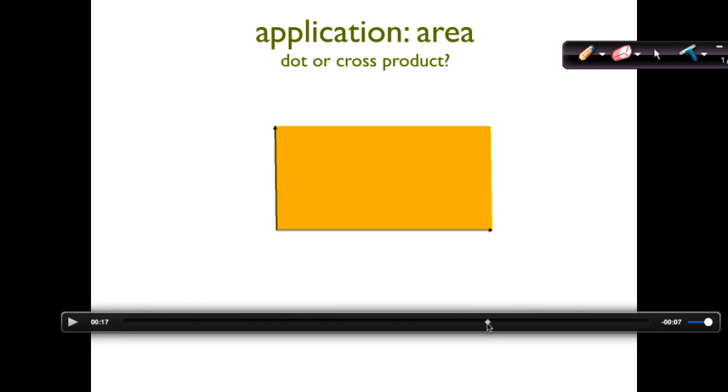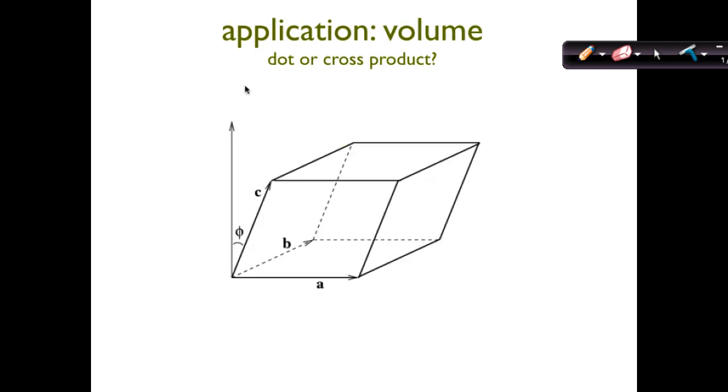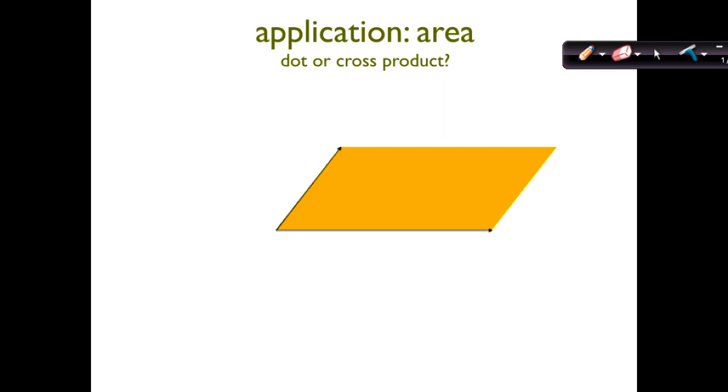So let's talk about the area. So I'll just give a generic case there. So here I've got, say, vector A and vector B. And I want the area of the parallelogram.